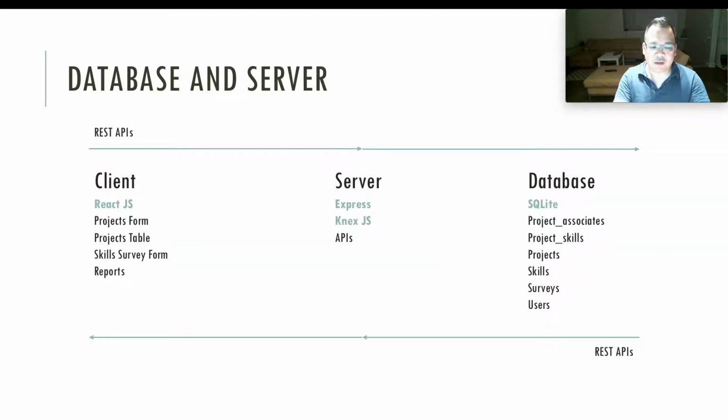With the database and server, the server is comprised of APIs, and these APIs are comprised of queries that perform CRUD functions. The queries were written in Knex.js. This was done so that the tool is not vendor dependent, as queries are implemented using JavaScript versus just passing a query in a string.